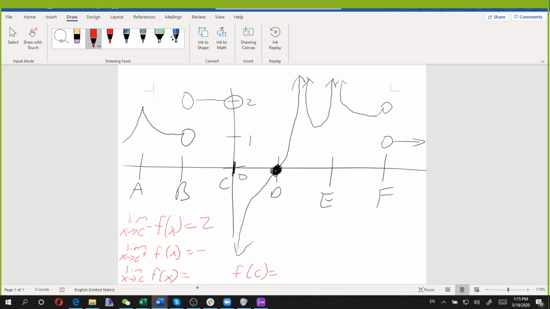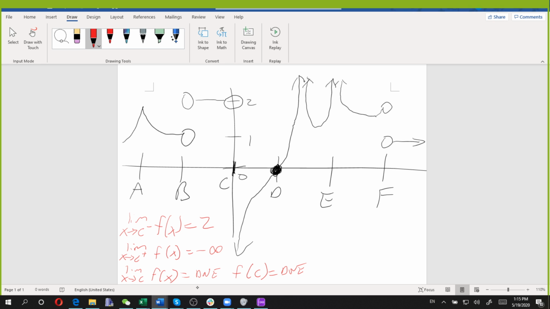Okay, negative, say again? Negative infinity, perfect. What's my general limit then? Does not exist. And if I plug in the function? Also does not exist. Okay, perfect.